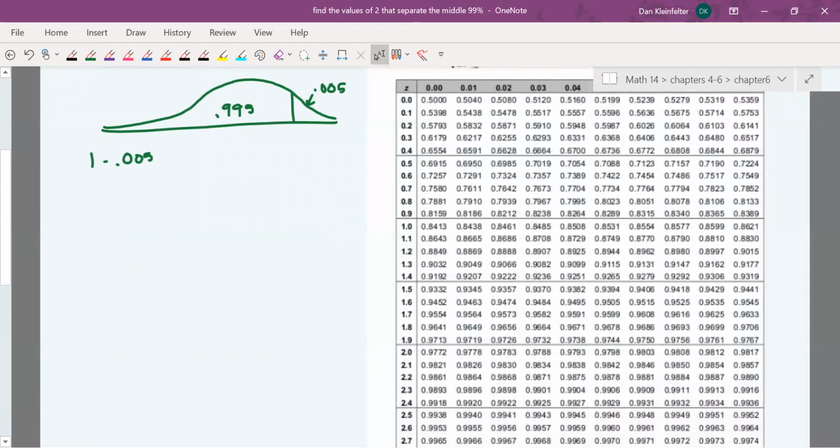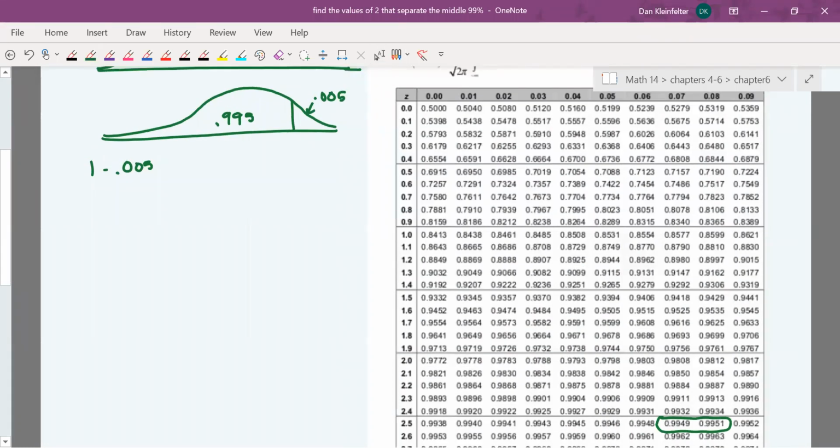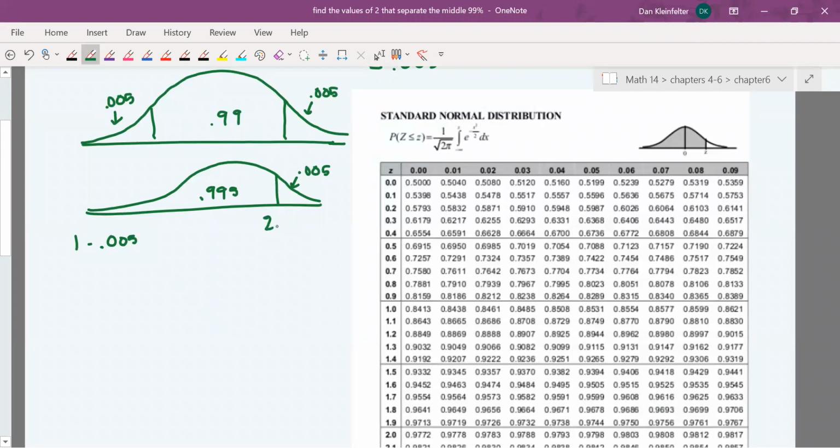So once again, looking in our table for 0.995, we see 0.9949 and 0.9951. These two look pretty close. They're actually equally close, so we could just take the higher of the two. That will be 2.58. That will be our final answer.